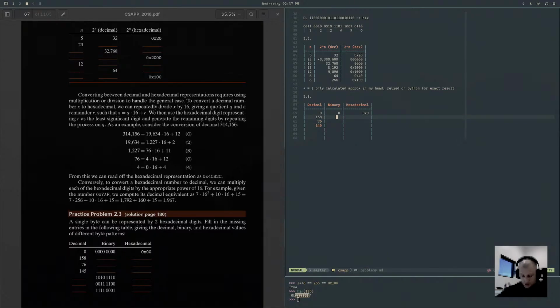Binary. Okay. 1010 1110, and then 0011 1100, and then 1001 0001.